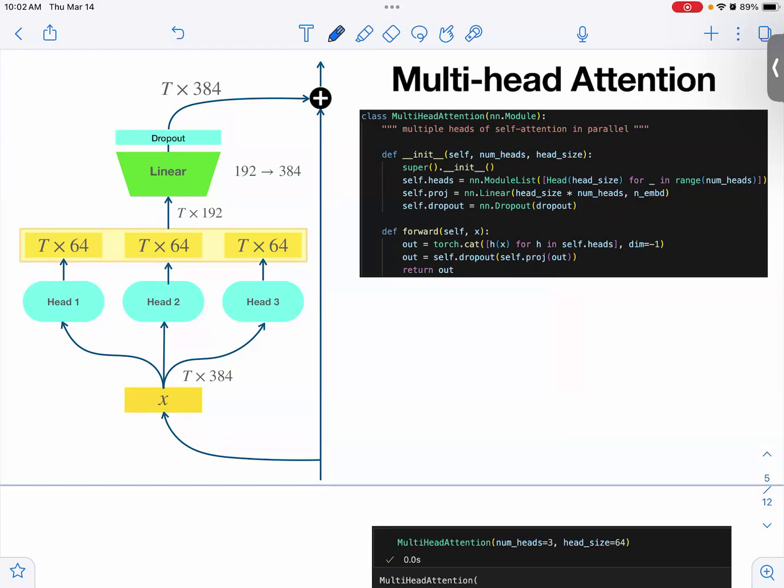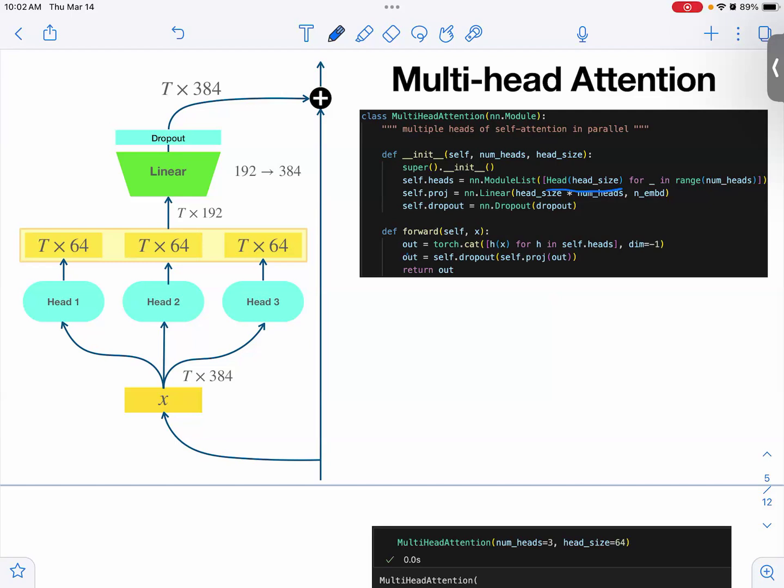So nothing fancy except that you have to understand what is going on in this head. Okay. So you can also see it here very simply. So this is a module list of a bunch of heads, you can see. And you give it the head size, which here would be 64. And then there's a linear layer, which is this, and a dropout layer.